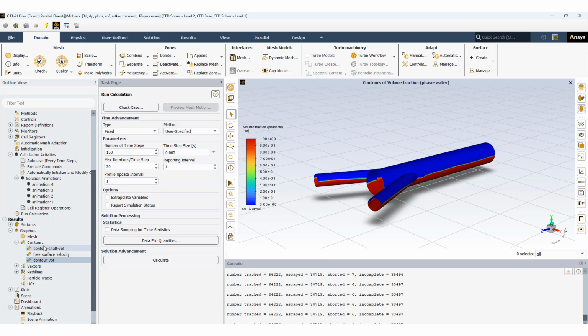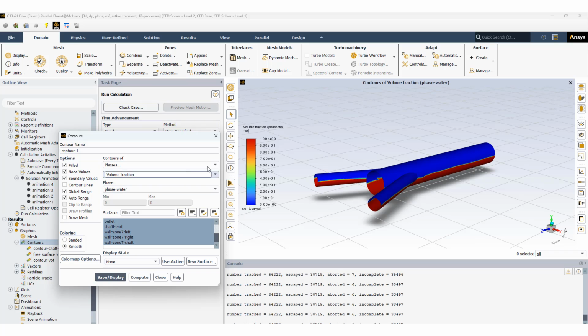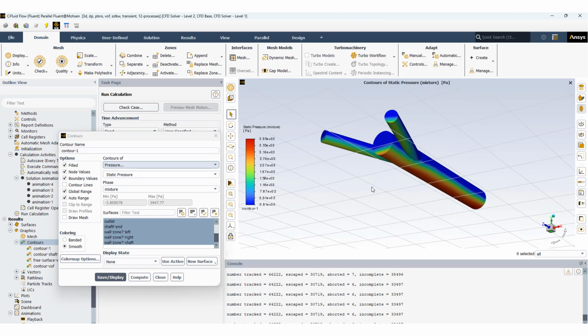Besides that, we can define new contours, for example for the pressure, to see the level and the distribution of the pressure.